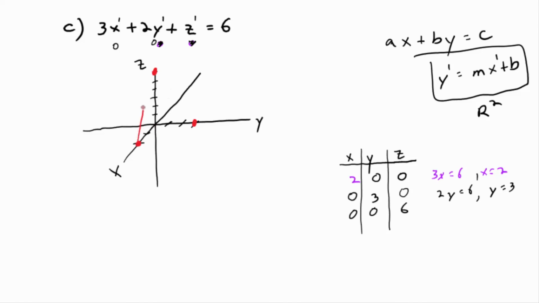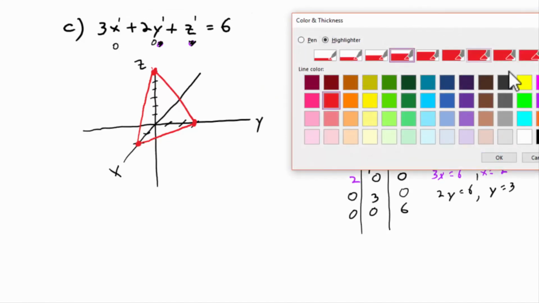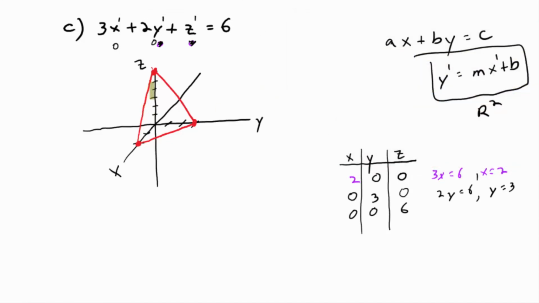Connect the dots. And then you could shade it. I'll actually shade in with a real light color this time. If you shade in here, that interior of that triangle is part of the plane. That's what we're talking about.